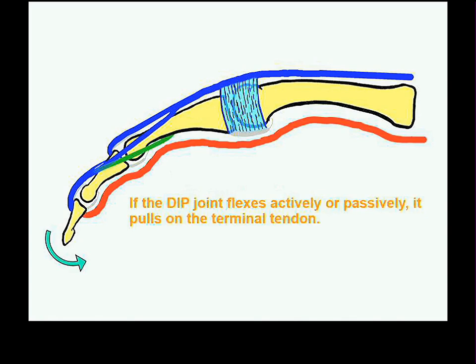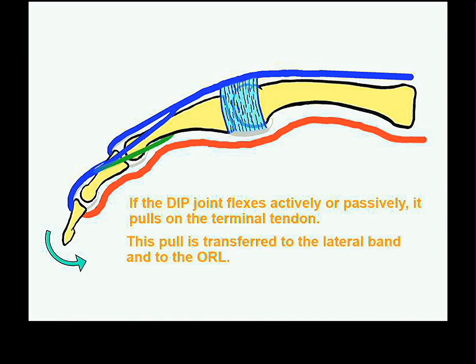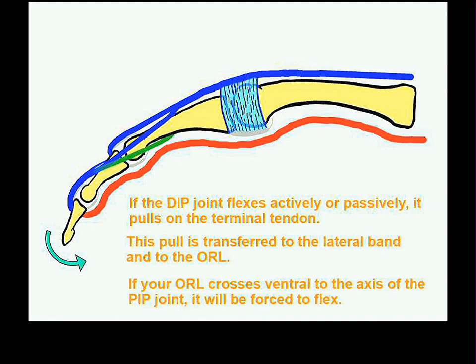Now, the purpose of the oblique retinacular ligament is that when you flex, either passively or actively, the distal phalanx, it pulls on the terminal tendon, that pulls on the lateral band. That pull is transmitted to the oblique retinacular ligament, and that forces the PIP joint into flexion. That's what this says. Pull is transferred to the lateral band into the ORL, and that will force your PIP joint into flexion. So, parlor trick number 2.